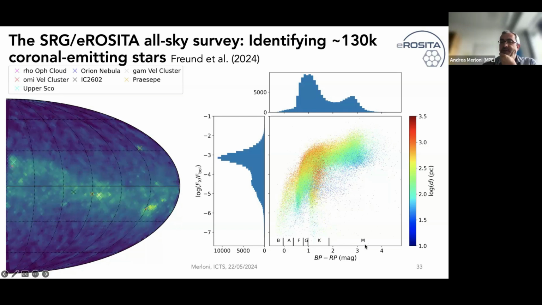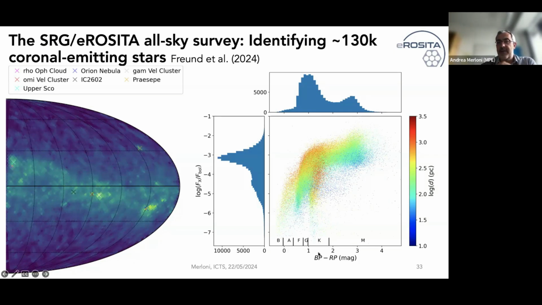So we can start doing population studies of X-ray emitting coronal stars. This is important because the strongest X-ray emitters trace the youngest, fast rotating, magnetized coronae. And this has important implications for stellar-planet interaction, but also for stellar physics itself.